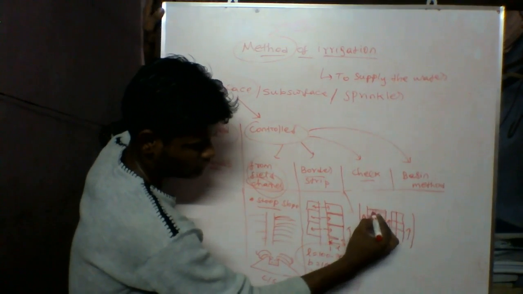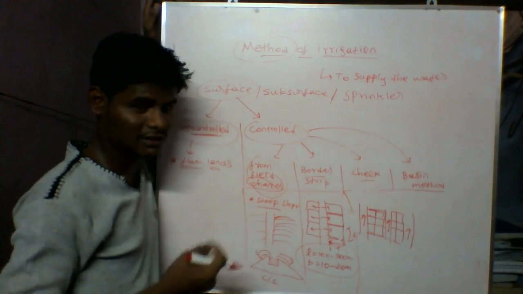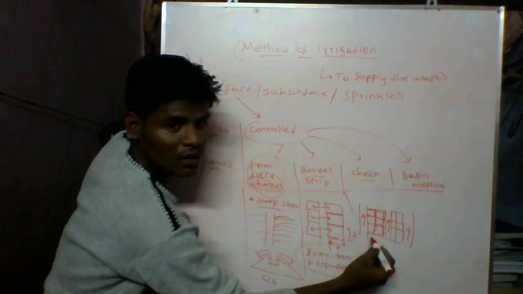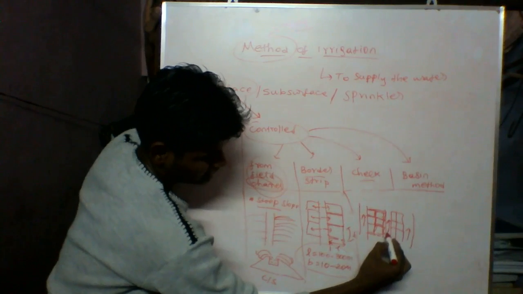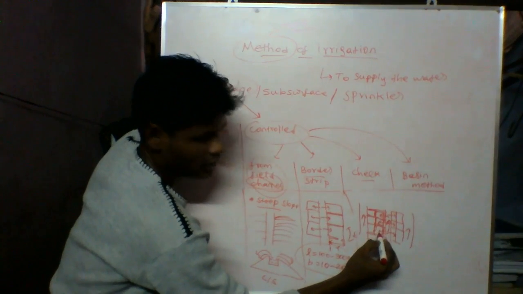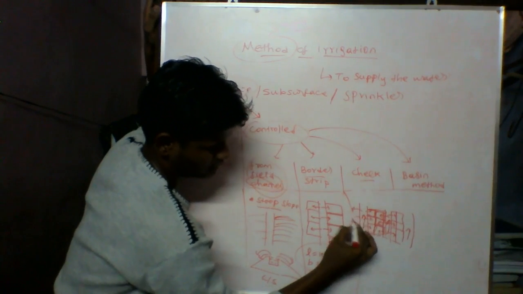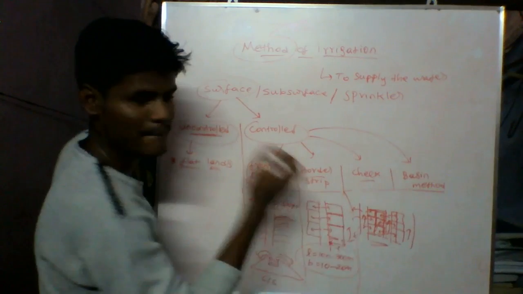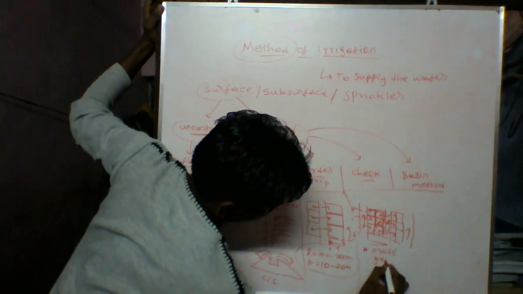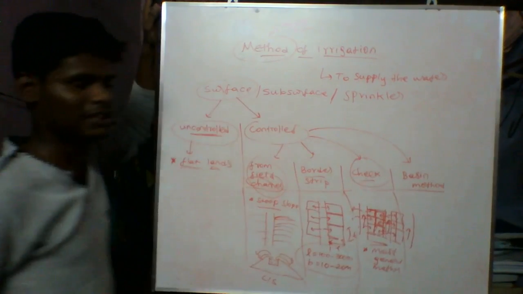The land is divided into a lot of checks. Check means a lot of small square boxes. So from this canal the water is supplied to these checks and these checks. That is the check method. It is the most general method, and it is used nowadays.